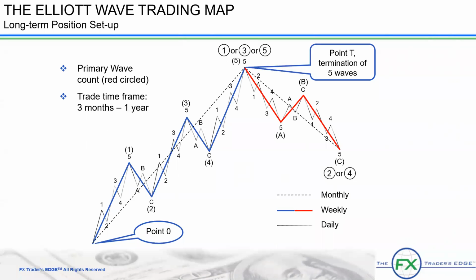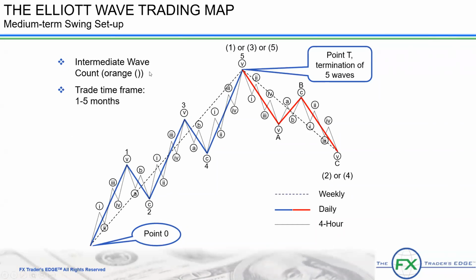At the time when I did this webinar, I think I looked at the euro because that's the example that I used. And I saw that it took between 3 months and a year to finish the 5-wave cycle, okay, using the daily chart. On the next page, we have the intermediate wave count, the orange in parentheses, right?